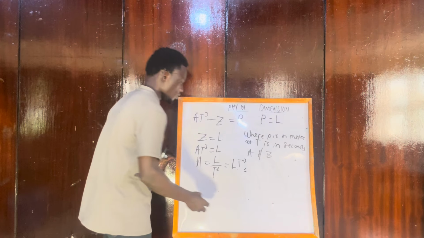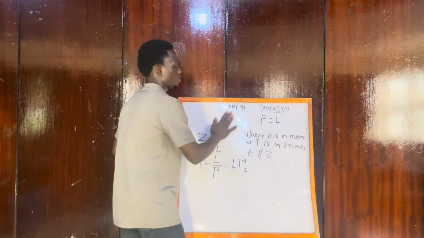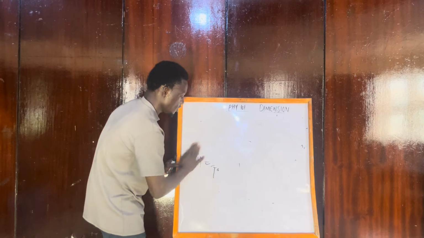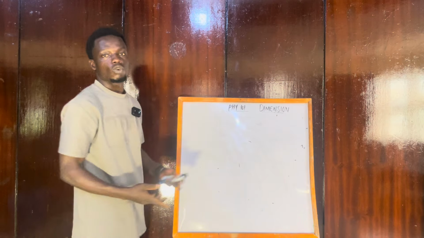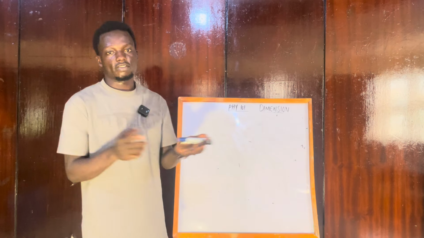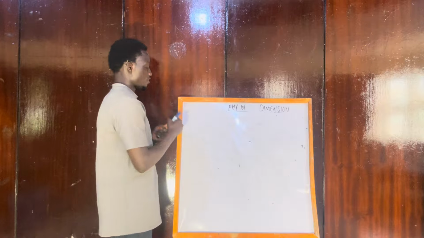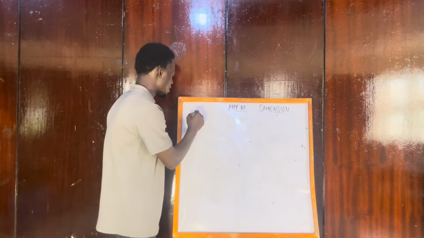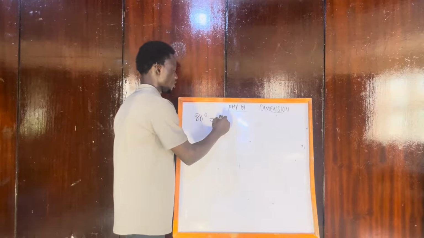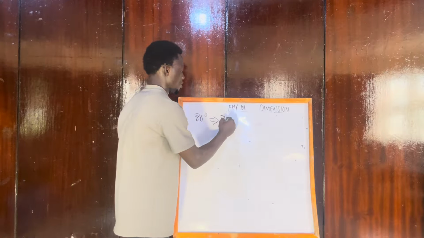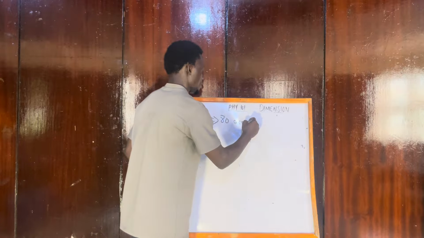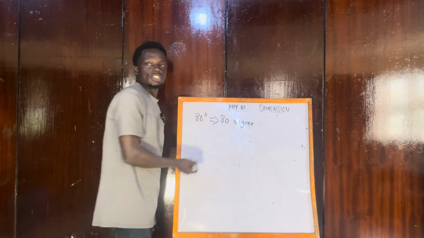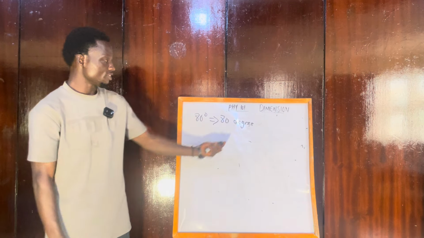Now, before we call it off, one thing you also need to know is some quantities have units, but they don't have dimension. For instance, like radian, if I say the angle between two forces is 80 degrees, the unit is degree.